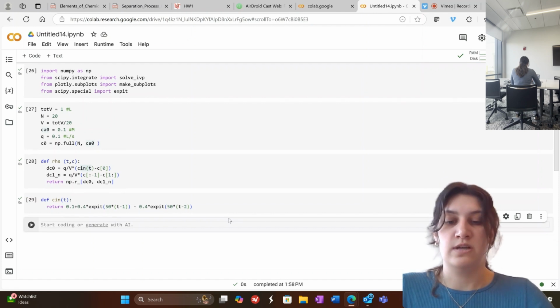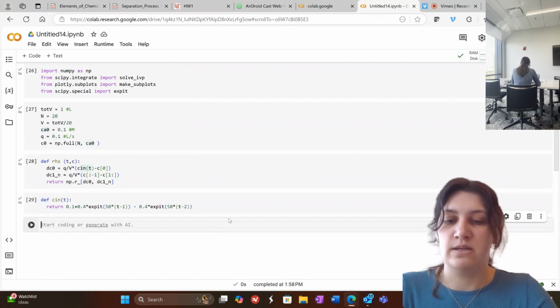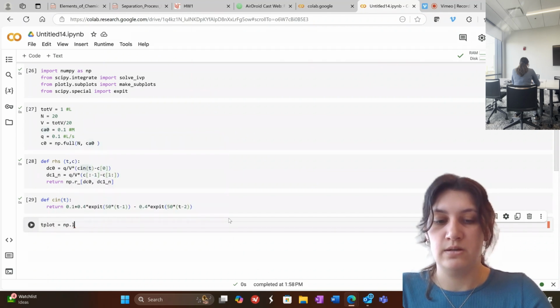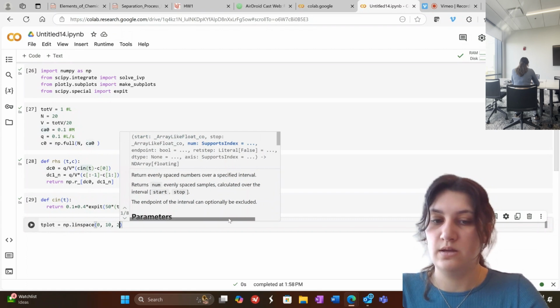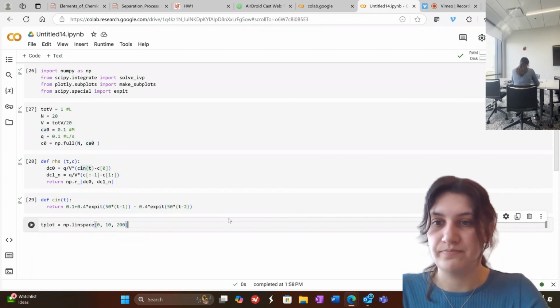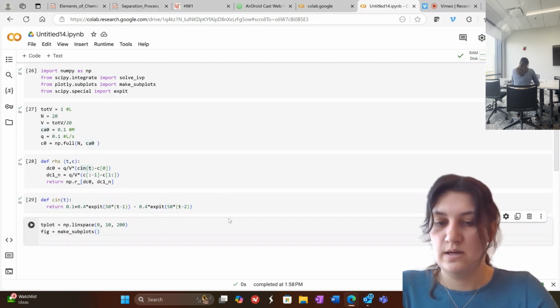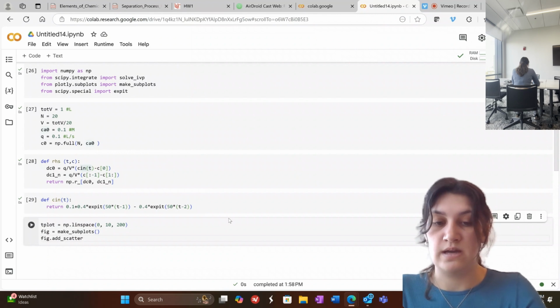Now that that is all set up, we are ready to plot and get a visual and make sure that this is working as we expect it to. So we can do t_plot is equal to np.linspace 0, 10, 200. I'm going to establish a figure, so make_subplots, and then we're going to get scatter.